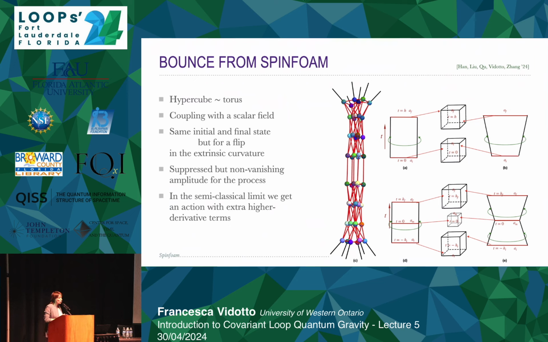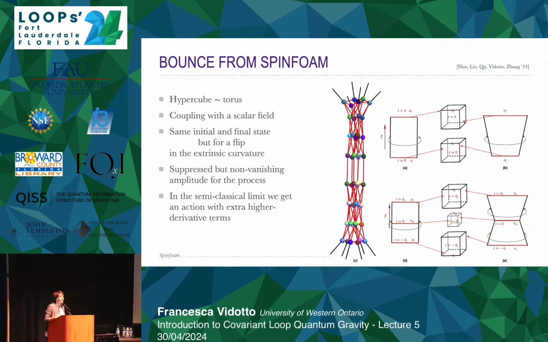The only way in which you can connect the two solutions is with a tunneling. And notice that tunneling is a prototypical quantum phenomenon. It's something that you cannot capture with perturbative physics, okay? So you need the full quantum theory to do this, and this is exactly what the spinform dynamics does for you. The amplitude is suppressed, as I said, because in the spinform dynamics, the amplitudes that are not suppressed are the ones that correspond to classical solutions.